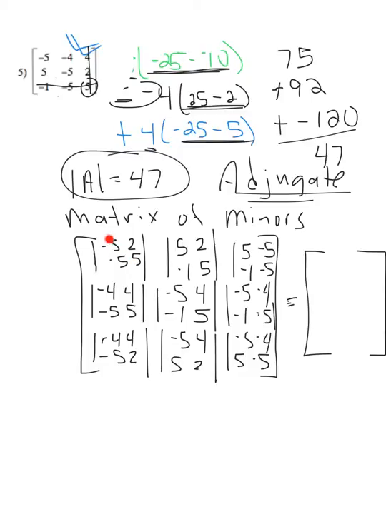Okay, I'm going to do most of this in my head. Remember, it's these two minus these two. So -5 times 5 is -25, and that's minus -10. So -25 minus -10, so -25 plus 10 will be -15.